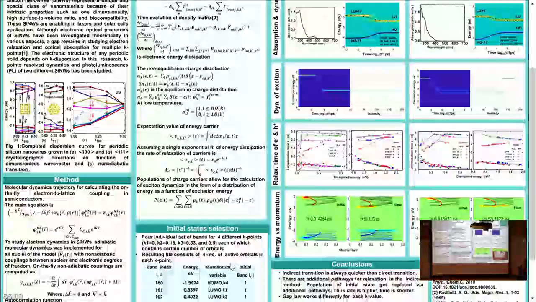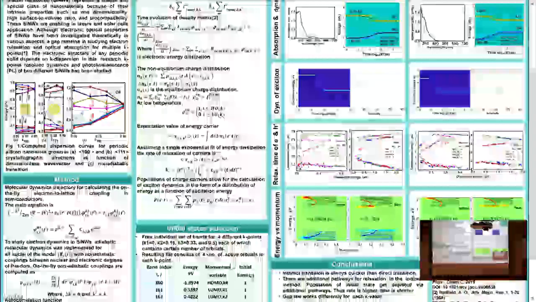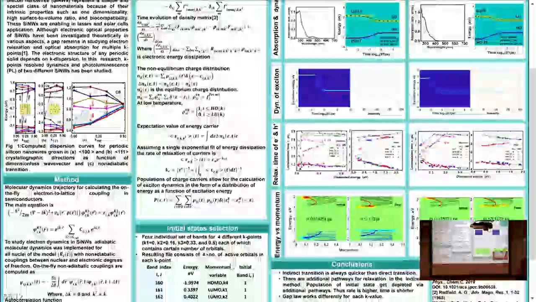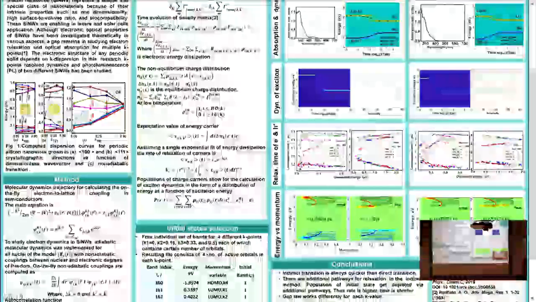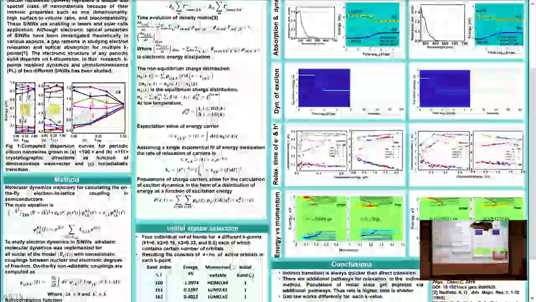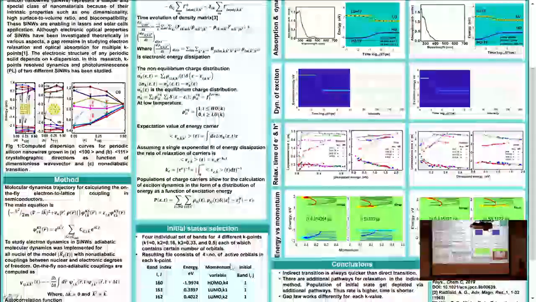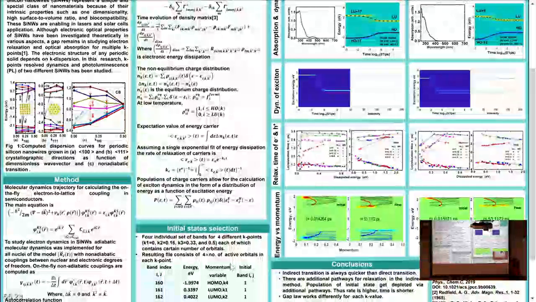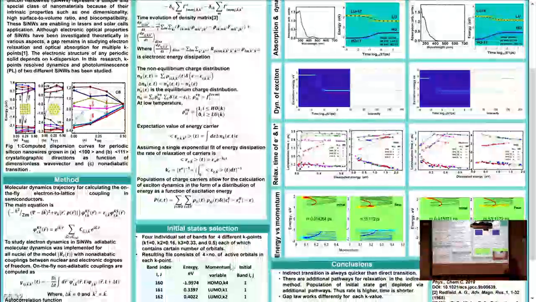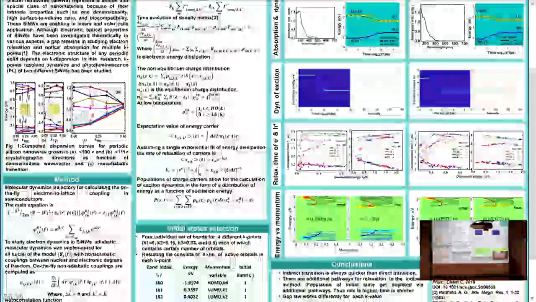Now the methodology. For calculating electron-lattice coupling, we used the one-electron quantum equation, and the solution of this equation is this one, the one-electron quantum wave function. As we know, upon photoexcitation, the electron travels from the valence band to the conduction band, and they come back to the band edge.